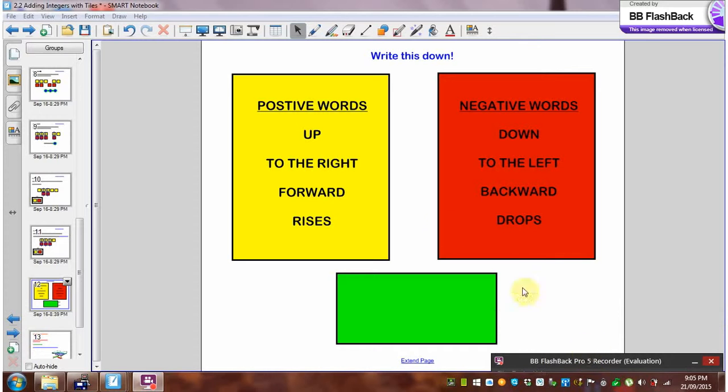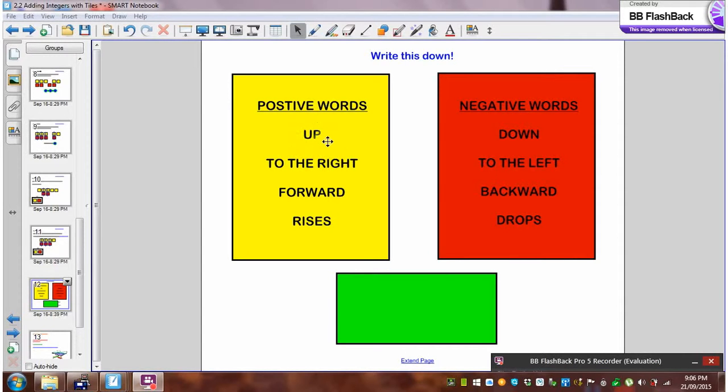Okay, so these are just positive and negative words that you've probably seen or heard, and you definitely saw them in the last lot of practice work you did last class. Words associated with positive are up, to the right, forward, and rises. So for example, I'm moving up 10 stairs.